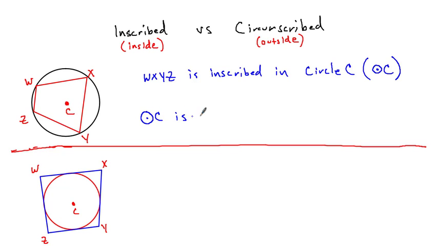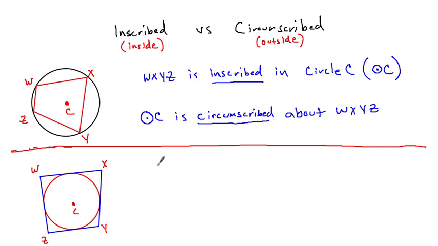Okay, and then you also might see circle C is circumscribed, and you could say around or outside of, but the word you'll see is circumscribed about WXYZ. So about just means around. So circumscribed and inscribed. Be able to read them and draw the pictures and be able to see the pictures and write down what you see. All right, so we'll come down here for this one.